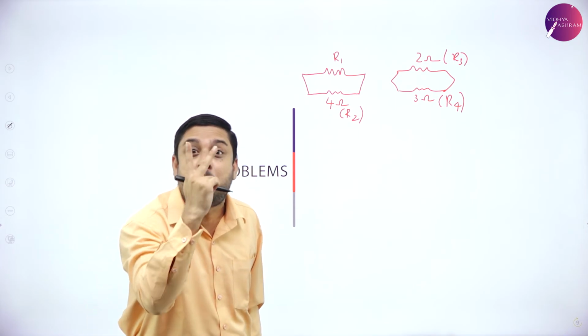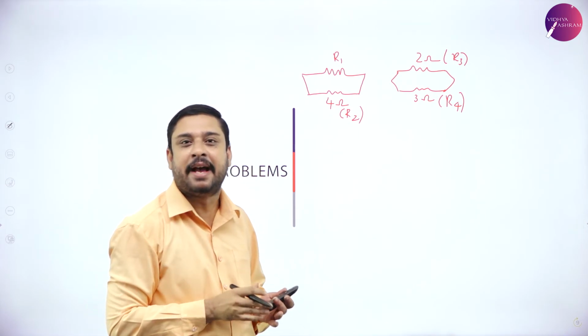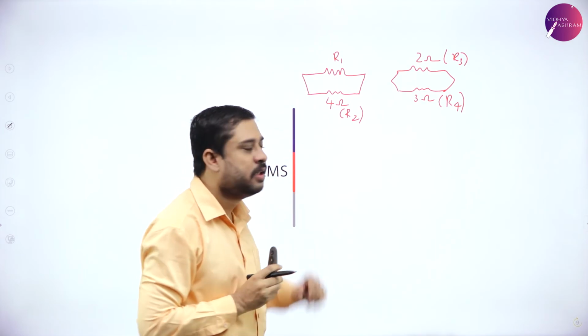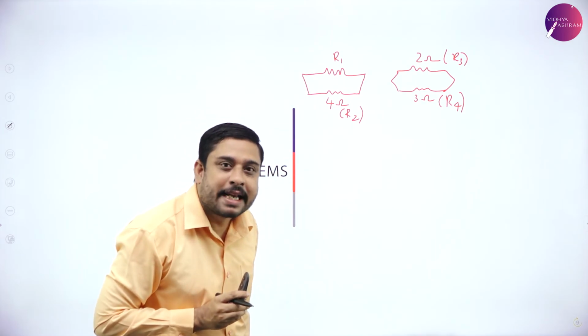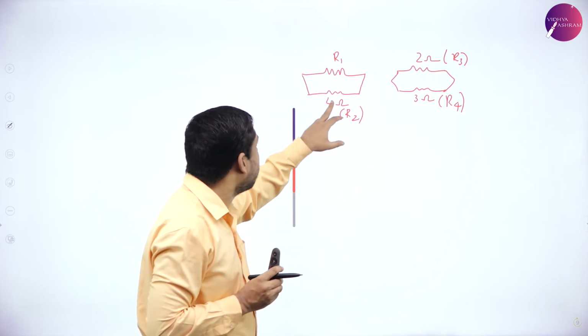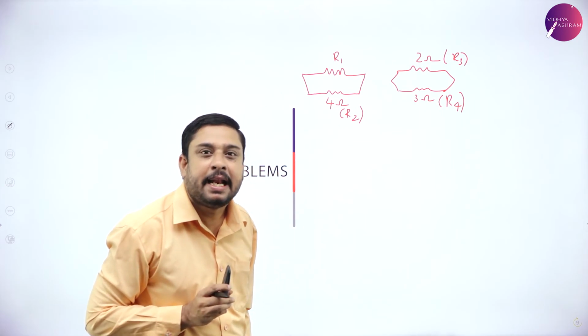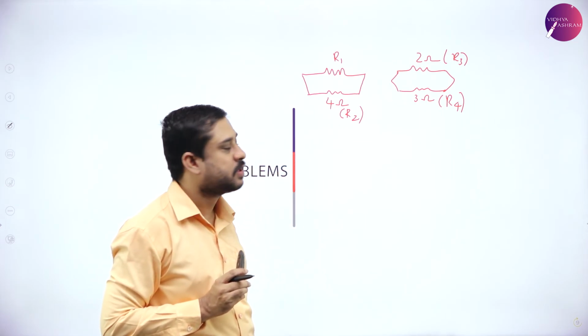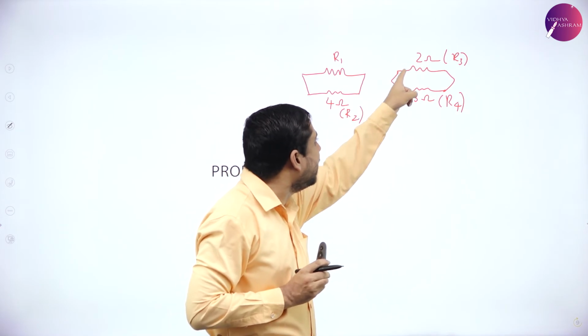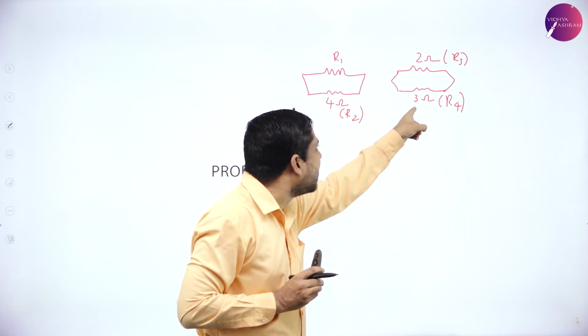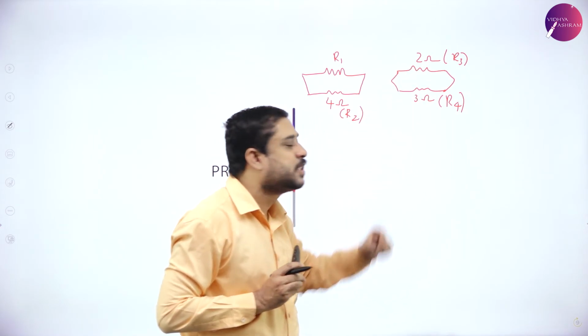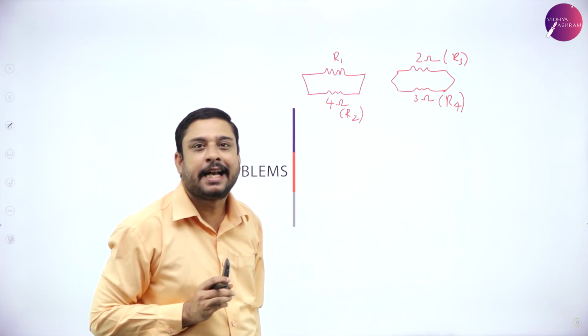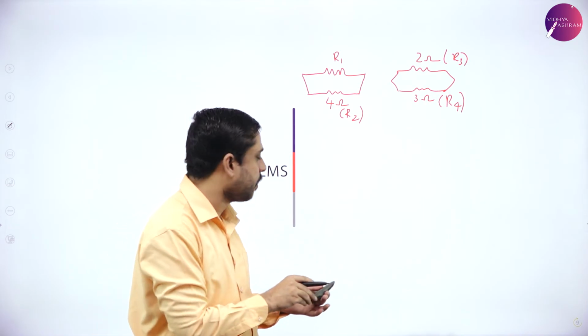So there are two parallel combinations. One: an unknown resistance connected in parallel with 4 ohms. Another: two resistances, 2 ohms and 3 ohms, connected in parallel.